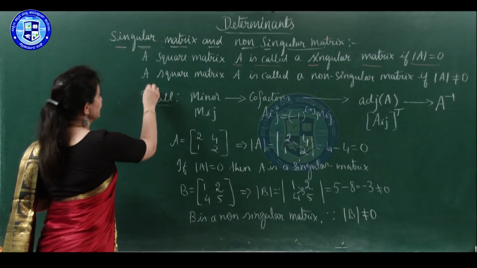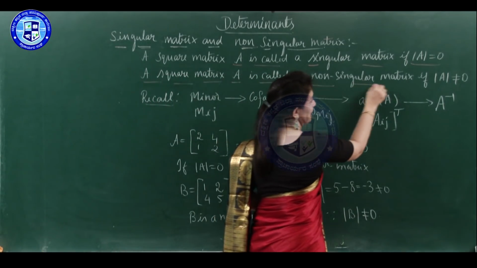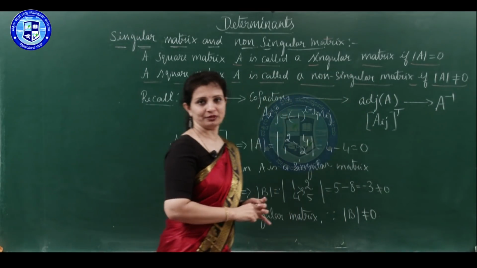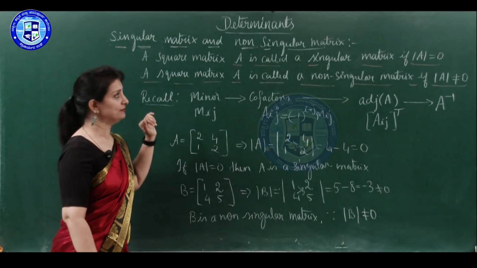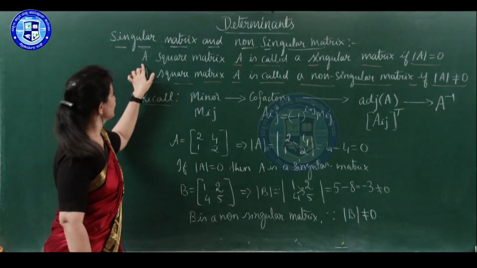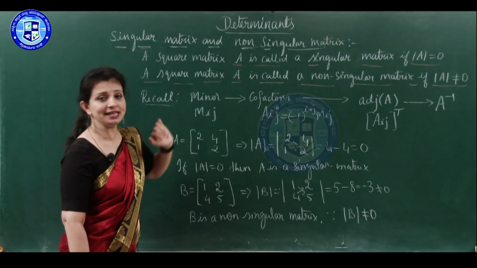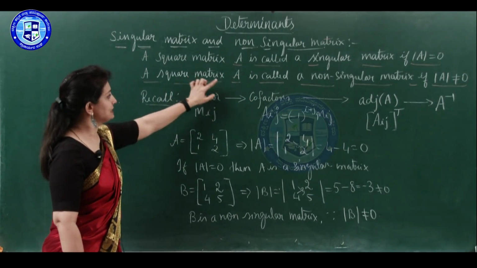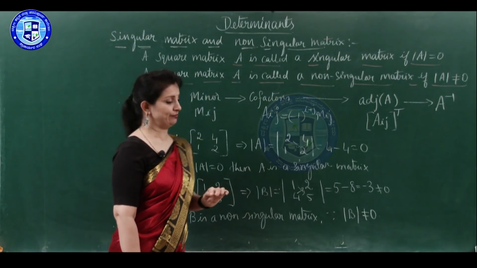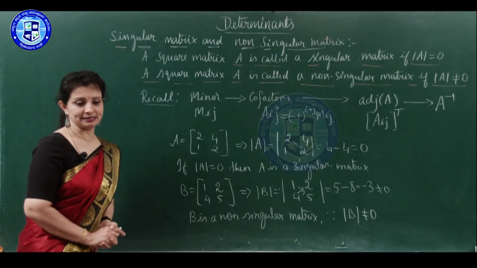And a square matrix A is called a non-singular matrix if determinant A is not equal to 0. Please make a note of this definition of singular and non-singular matrices. Here are the examples for that. Please make a note of this.